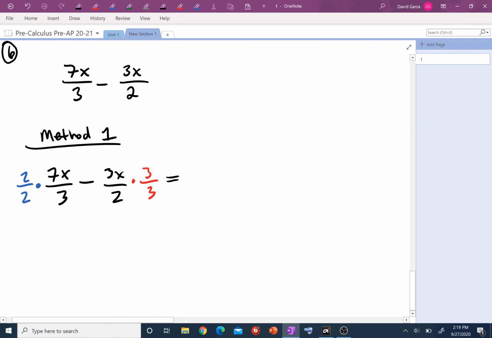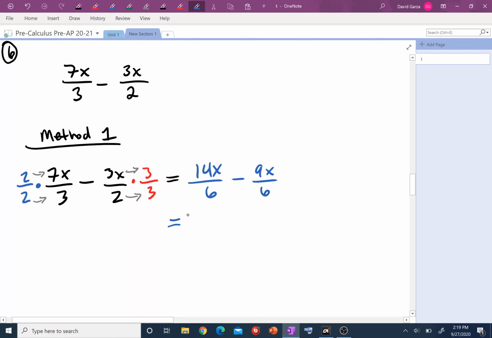All right, so then we have 2 times 7. We're going to multiply across, right? Like this. So we have 2 times 7, which is 14x, minus 3 times 3, which is 9x, and then 2 times 3 is 6. So if you notice, we made the bottom term the same.